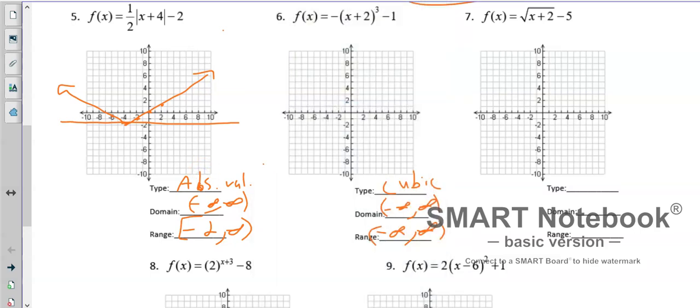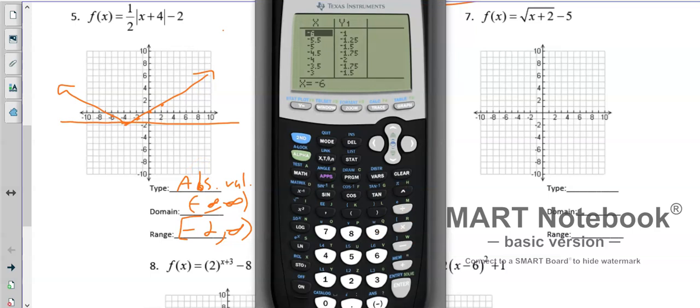So we're going to clear it out and put in negative, parentheses, x plus 2, parentheses, to the third power, -1. So from our normal one, it is down 1, inside lies, so it's left 2, and it's flipped, so it's going the opposite direction.